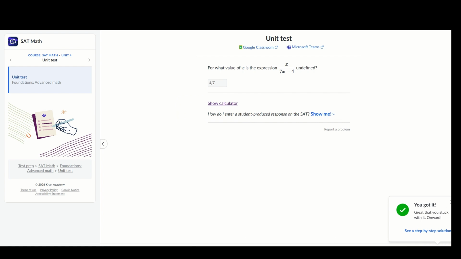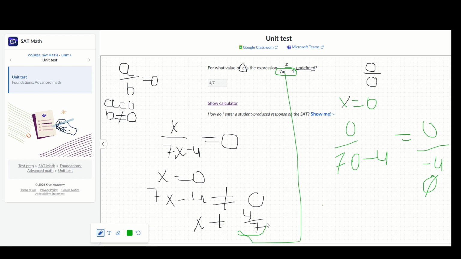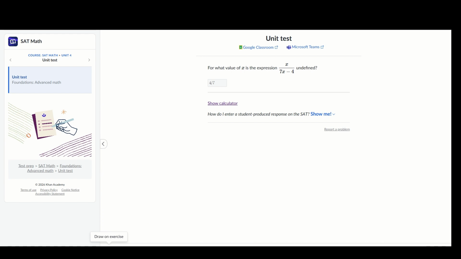Yes, the second answer is correct, because when the denominator of any expression equals 0, our function is not defined. There is a golden rule in math: the denominator cannot be 0. If we put this value here, the denominator would be 0, which is not applicable in math.